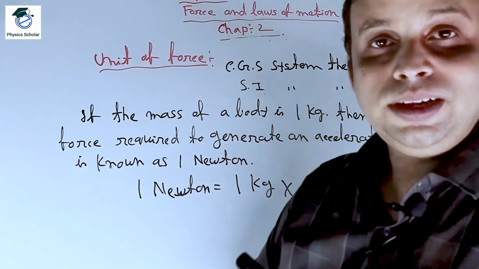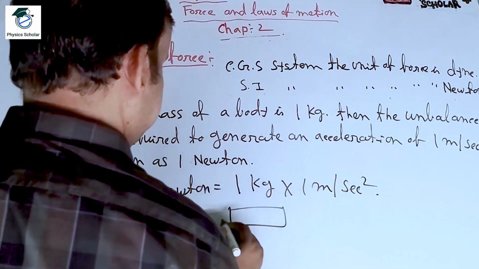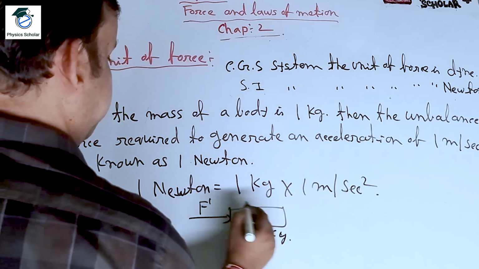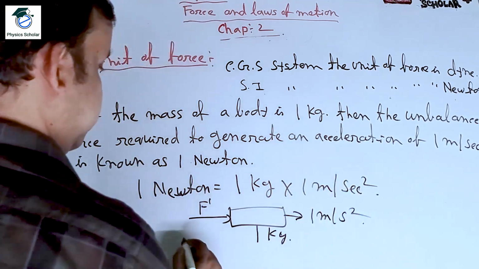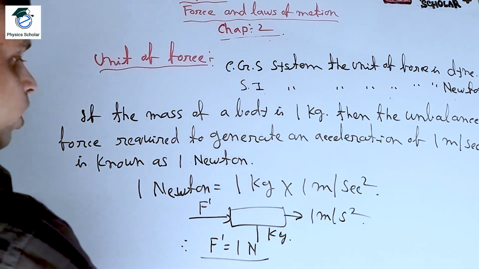Now the same thing: if this is the body, the mass of the body is 1 kilogram and the force F dash is applied to generate an acceleration of 1 meter per second square, then this F dash is known as 1 Newton.